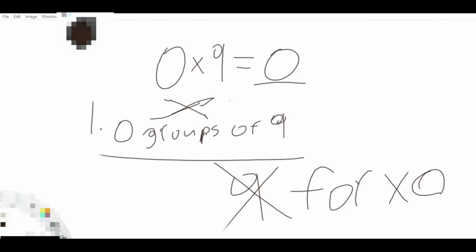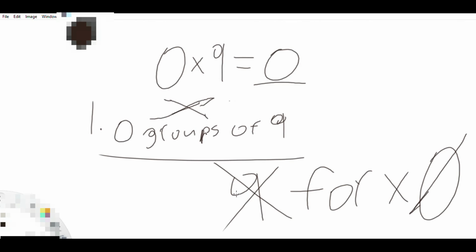This is another way to draw 0. So there's no 9s, for times 0. So there's like no 9s, which makes it 0.